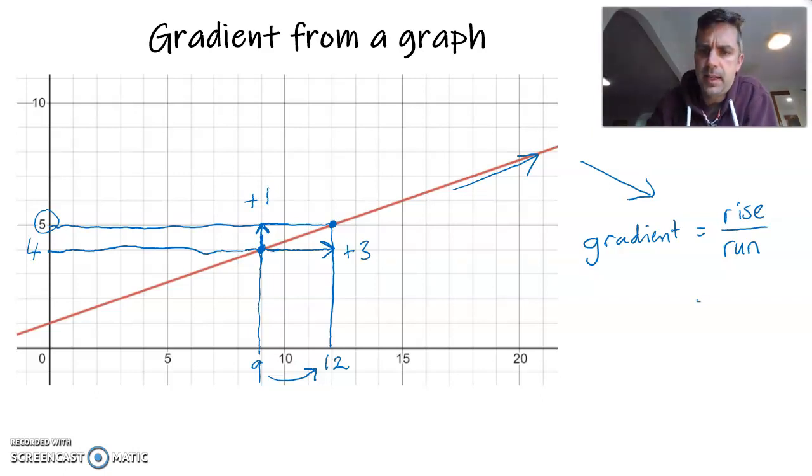So in this case, our rise is just 1, and I'm just going to put the plus there just to show that it's going up, because that does become important. And then our run was the 3, and I'm going to put the plus again. So very simply, that just comes out to 1/3.